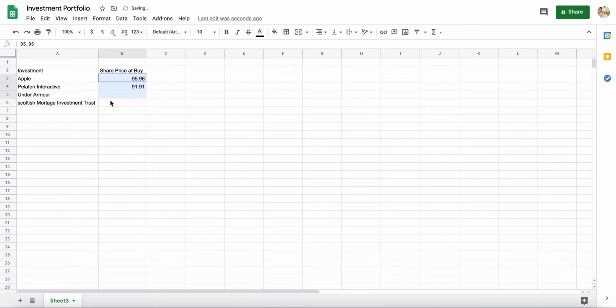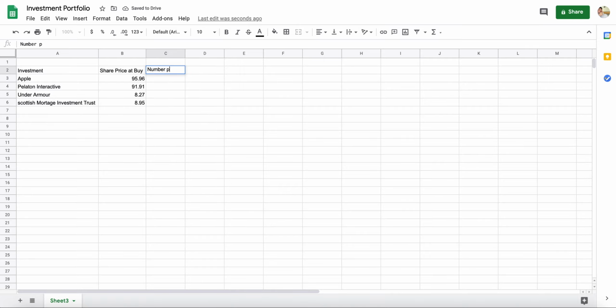Guys, bear in mind that all these values are in British pounds, but if you guys are living elsewhere, just make sure that you guys put your own currency, the price it was when you guys bought the shares. For Under Armour, let's put 8.27, and for Scottish Mortgage, let's put 8.95.